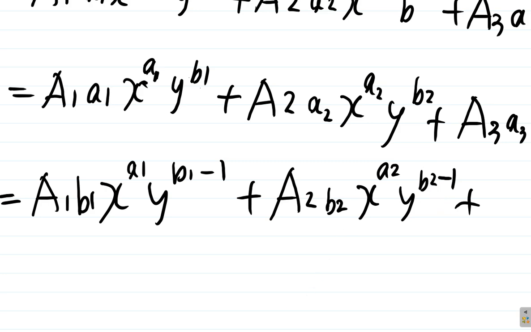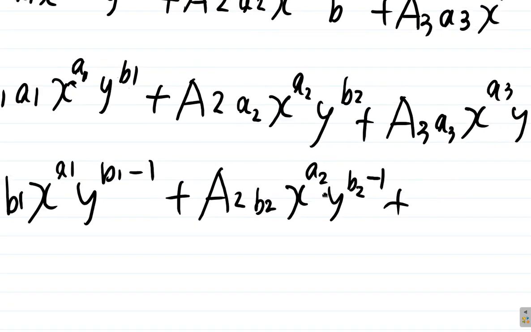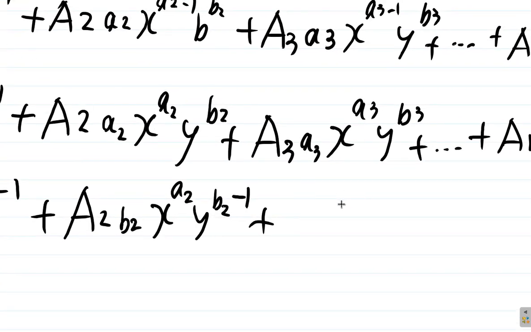So this is b subscript 2 minus 1. You see what happened there. And then plus, originally we had a3 x to the a3 y to the b3.